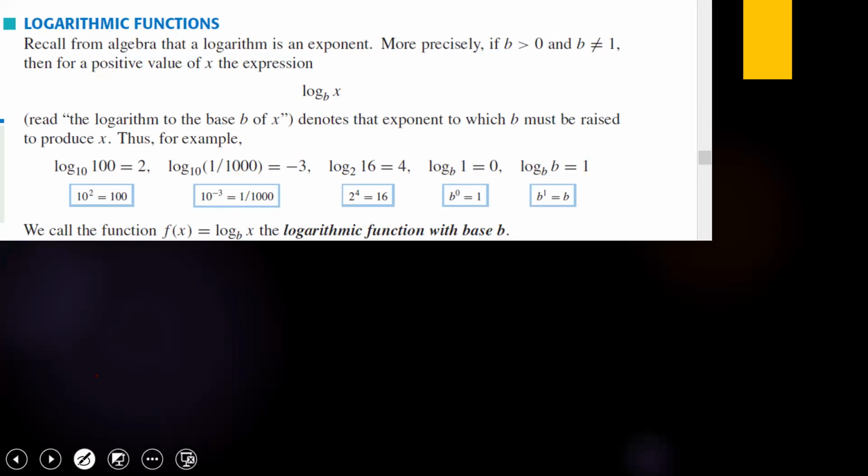So you have to know that logarithm of 1 is 0, because b raised to the power 0 is 1. If I ask you, what is the logarithm to the base 4 of 1? What you have to say is 4 to the power of 0. It is 0, because 4 to the power of 0 is 1.